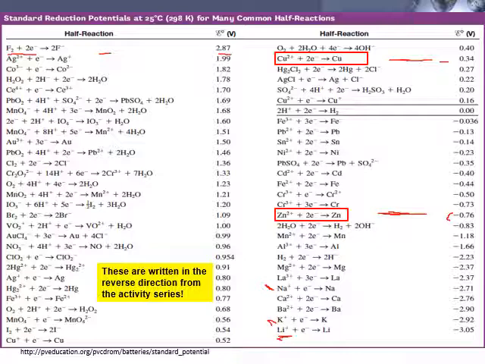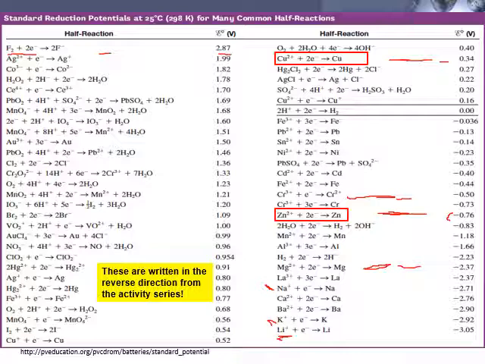Okay, so the rule is the thing on the bottom reduces the thing on the top. Even if you have two things, like let's say this one right here, chromium 3+ going to chromium 2+, and then Mg2+ going to Mg, you can still have a cell made of those two things. The thing on the bottom, which would be the Mg, would reduce the thing on the top, which is the chromium.